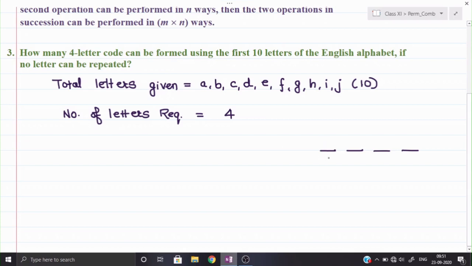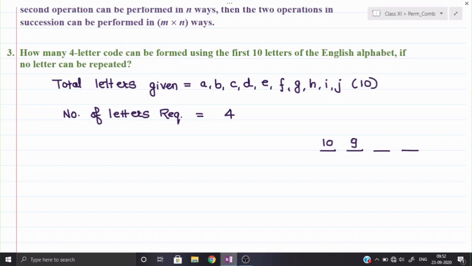Since it is the beginning, all 10 letters are available; out of the 10 letters any one letter I can keep over there. But when I go to the second place, since one letter is already placed at the first place, only 9 letters are available. Remember, here letters cannot be repeated.